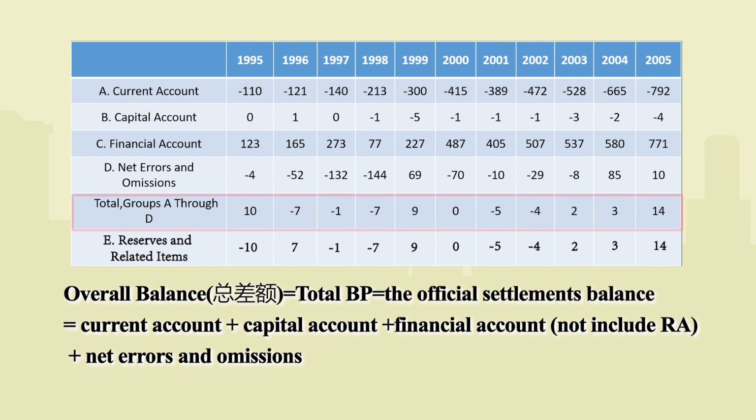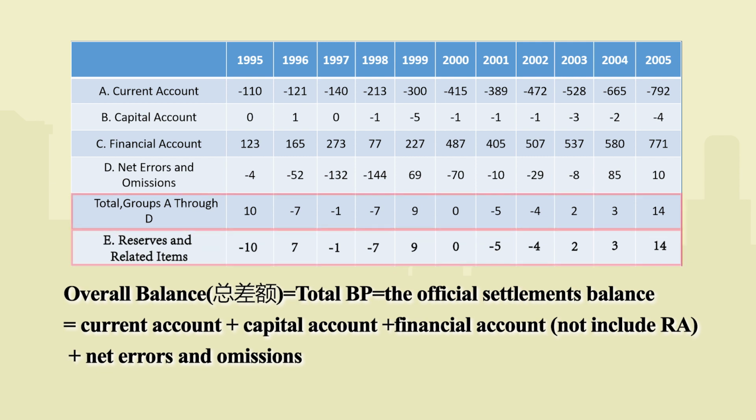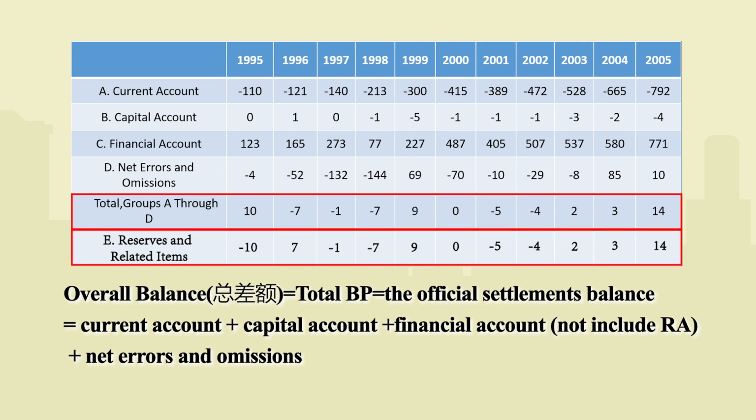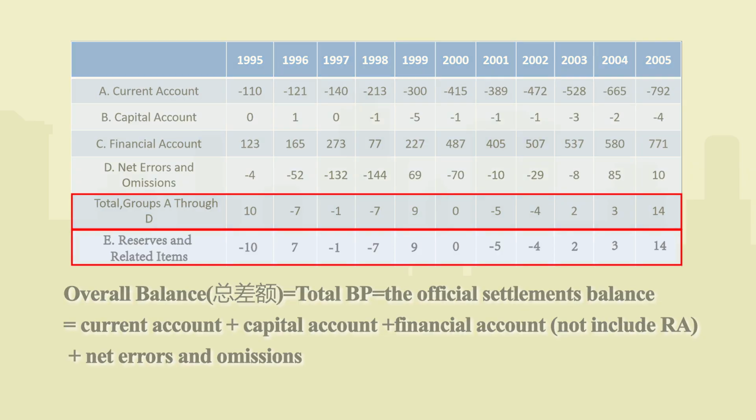When we say a country's BP is in deficit or surplus, it's based on whether the overall BP is negative or positive. From the table, we can see that the magnitudes of the overall BP and reserves and related items are the same, and they are on opposite sides.